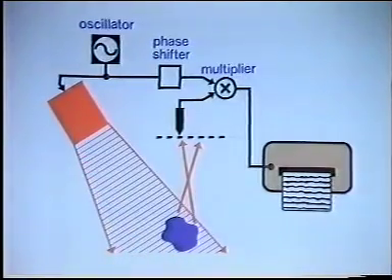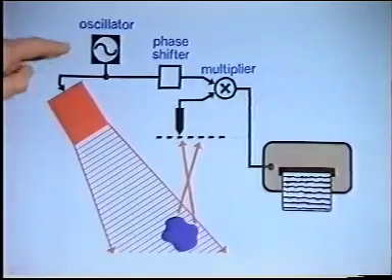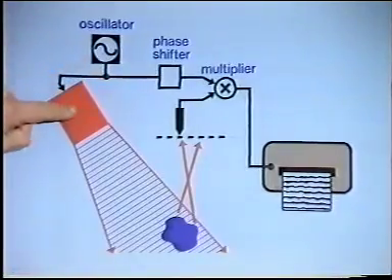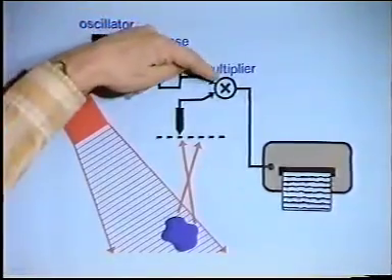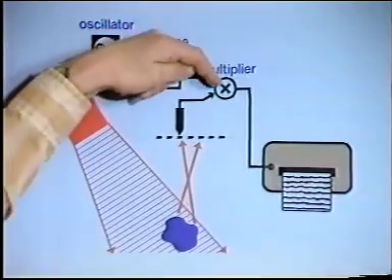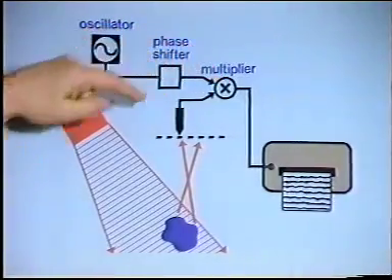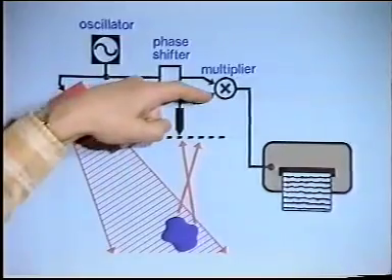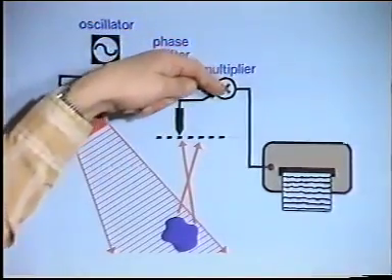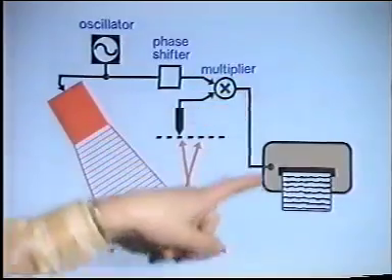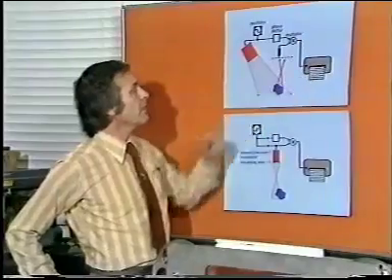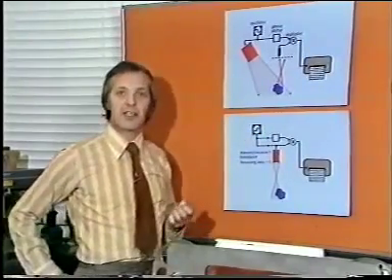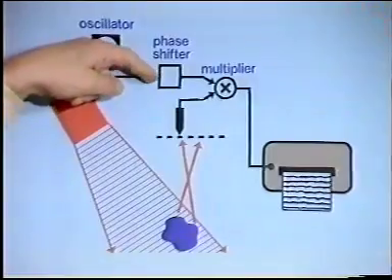But rather than having a reflecting plate, I'm also sending the signal which generates the ultrasonic waves to a multiplier. So now we're multiplying an electrical reference signal with the electrical signal from the transducer. Now, multiplication is what we need to form a hologram, of course, and then the output goes to the chart recorder.